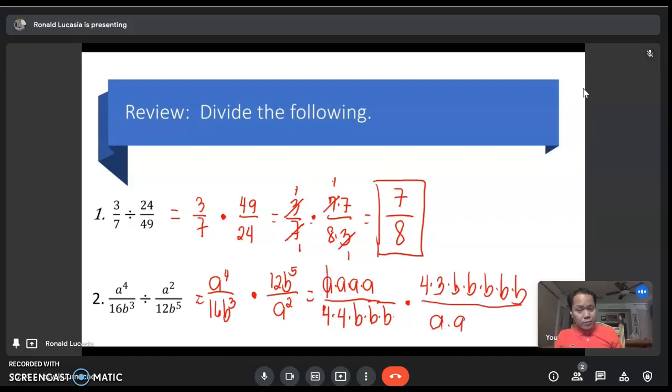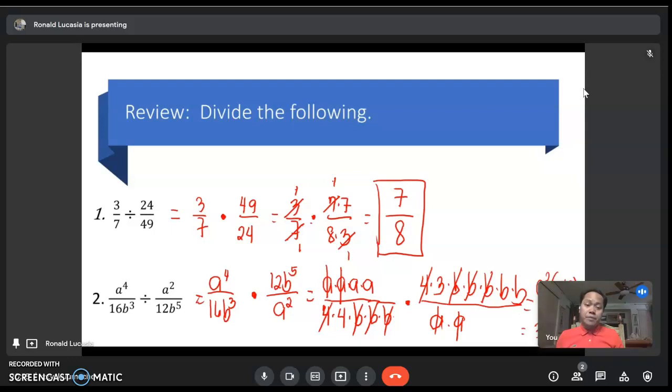So this is 1. This is another 1. That's 1, 1, 1, and then 1. So I am being left in the numerator with a squared multiplied by 3b squared all over 1, or that is 3ab squared.